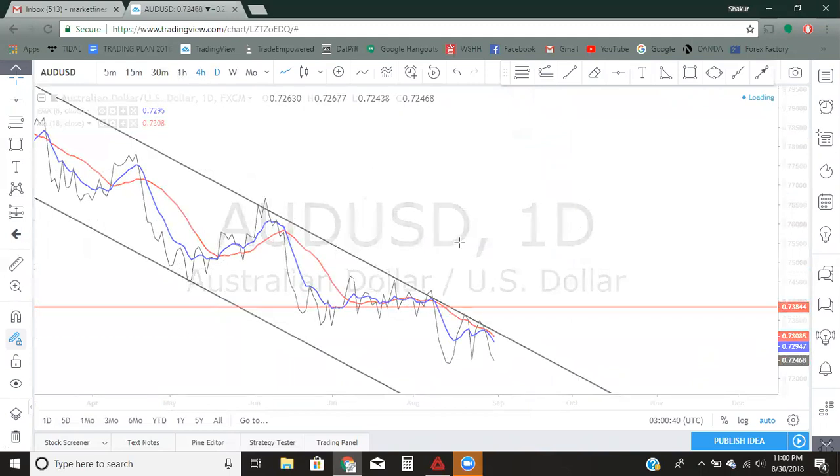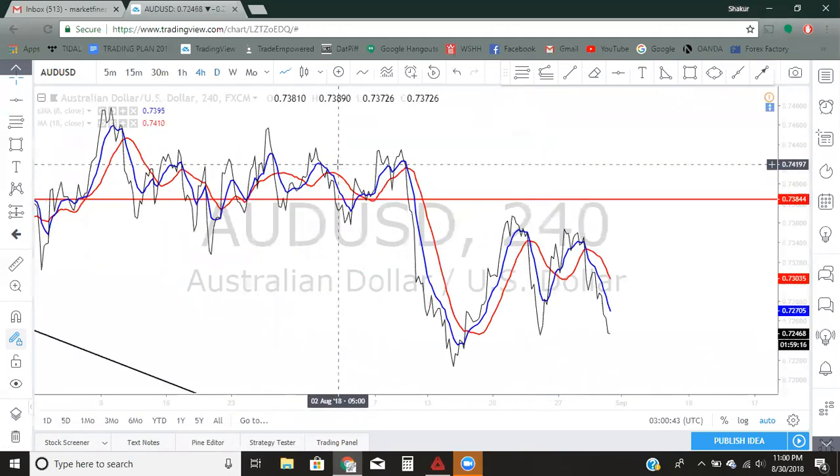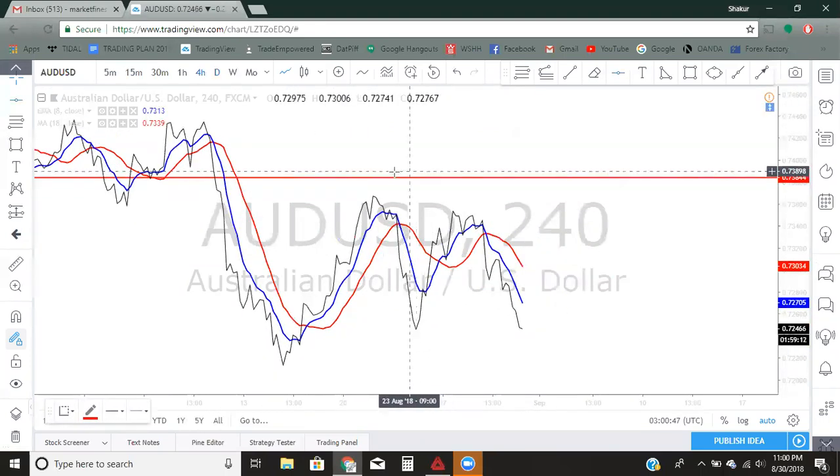Then from there, I dropped down to the 4 hour to see where the structure is on the 4 hour chart, which is coming from right here.